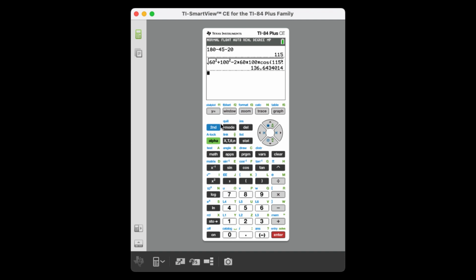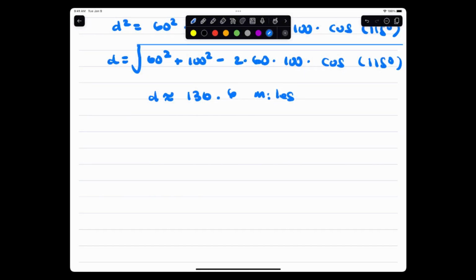What do you guys get here? 136 point what? Let's go to the tenths. 6. What did you guys just find? This is distance. Is that true? They are 136.6 miles apart.